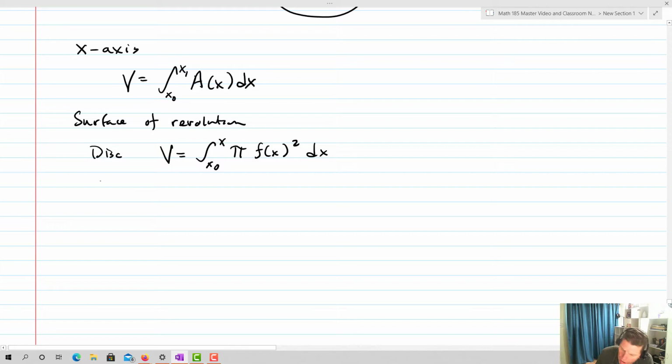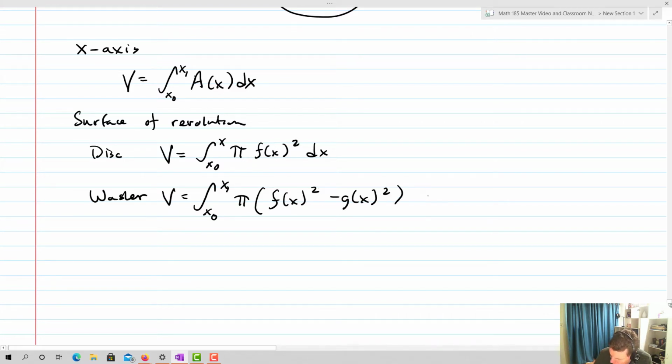Or if we're working with a washer, then we get V equals the integral from x0 to x1 of pi times f of x squared minus g of x squared dx, where f of x is the function furthest from the x-axis.